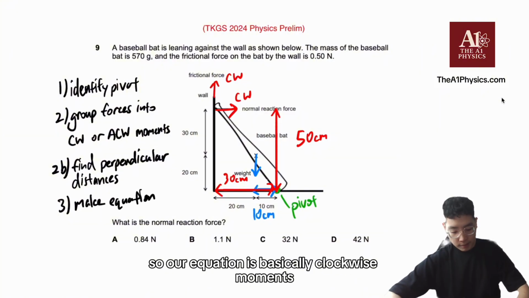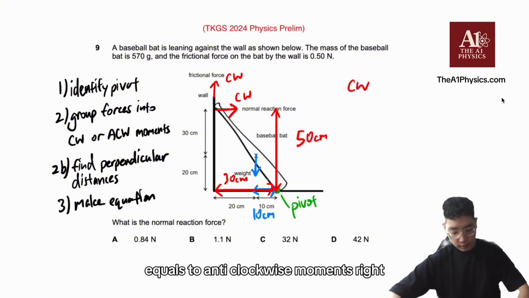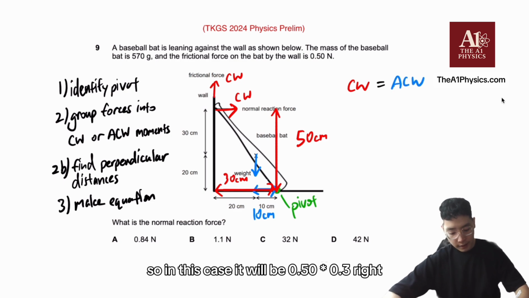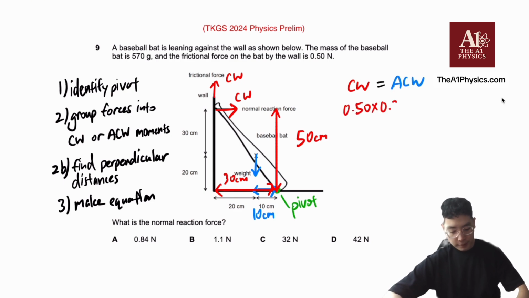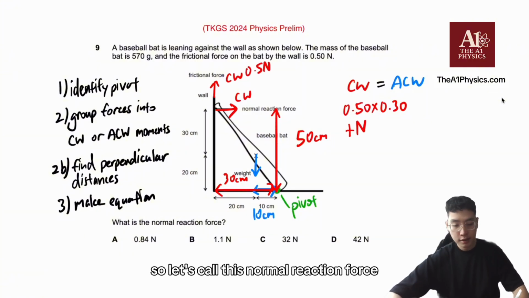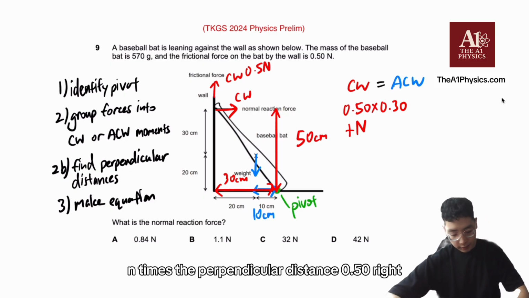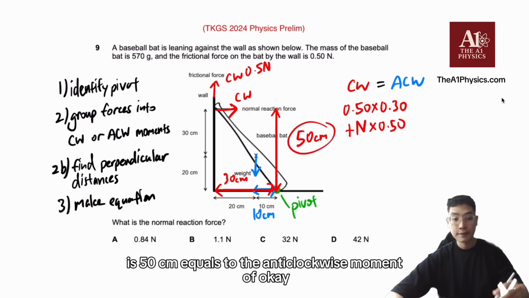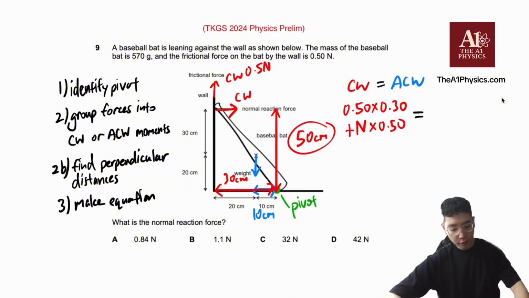So our equation is basically clockwise moments equals anti-clockwise moments. So in this case, it will be 0.5 times 0.3. The friction force is 0.5 newtons, plus the normal reaction force, let's call this normal reaction force N, times the perpendicular distance, 0.50, which is 50 cm, equals the anti-clockwise moment.